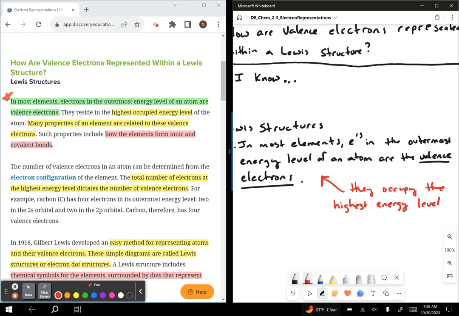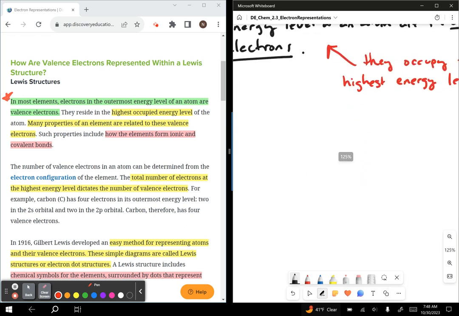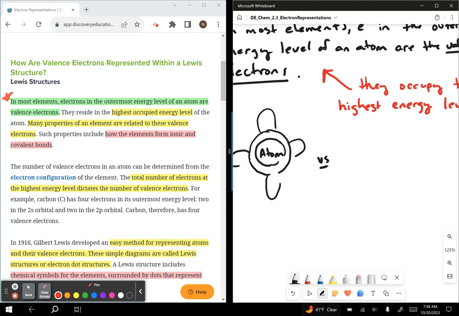And I guess if we're to draw that, you could say that if you had something like an atom, and it had a 1s, a 2s, and a 2p, versus an atom.